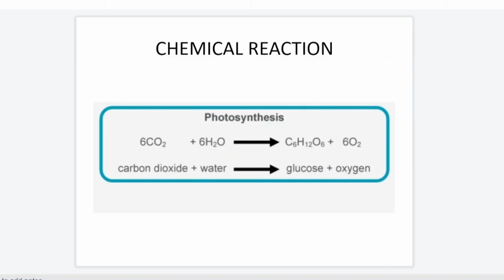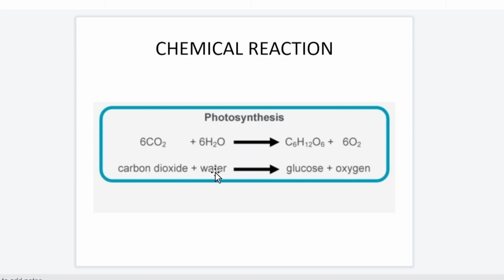If we summarize the process of photosynthesis, here we get this equation. 6 molecules of carbon dioxide and 6 molecules of water in the presence of sunlight will give you a glucose molecule and 6 molecules of oxygen. This is the basic chemical equation of photosynthesis.